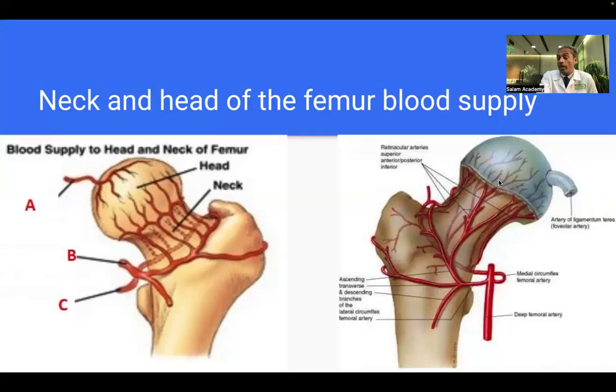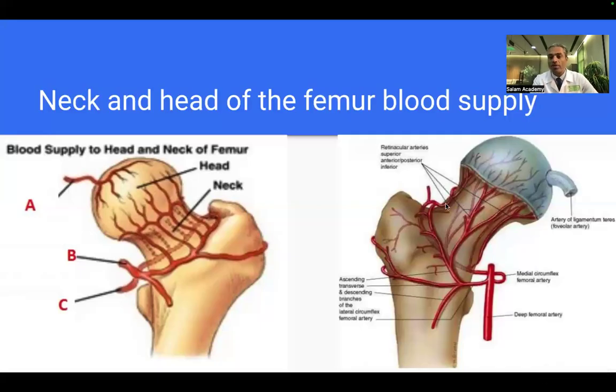After the age of 8, this end plate calcifies. And at that point, the arteries can pass again to the head of the femur, and the medial circumflex artery again plays the main role in nourishing that area.